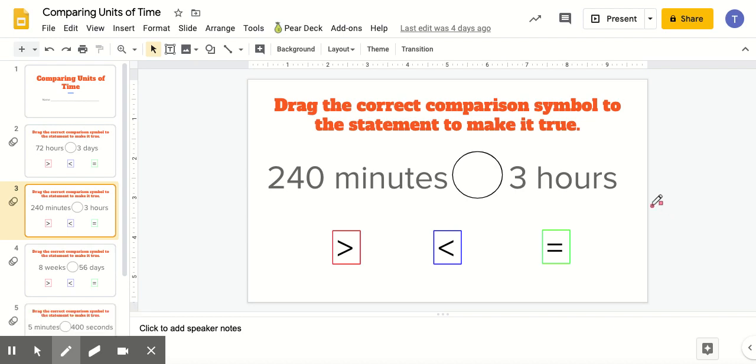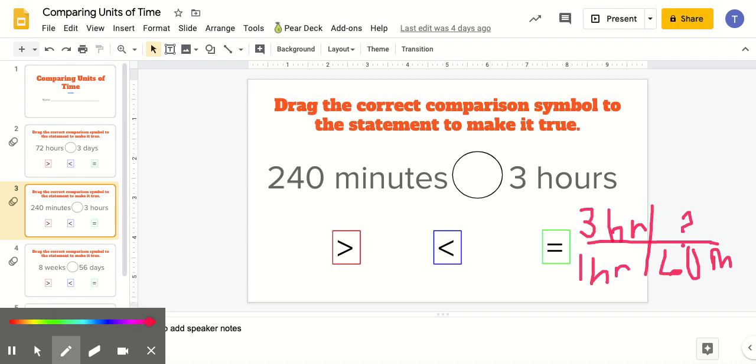So again, I'm going to draw a T-chart and I'm given 3 hours. And I don't know how many minutes that is yet, so we're just going to put a question mark there. I know that 1 hour is 60 minutes if I look at my star chart.